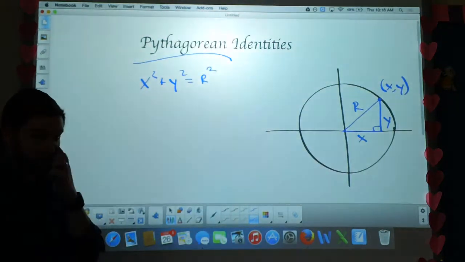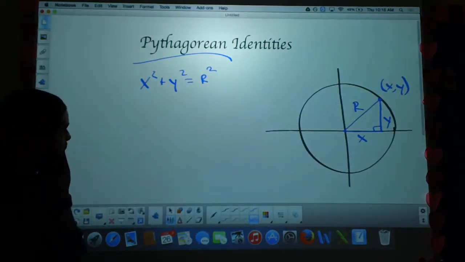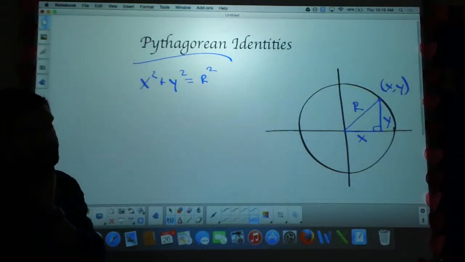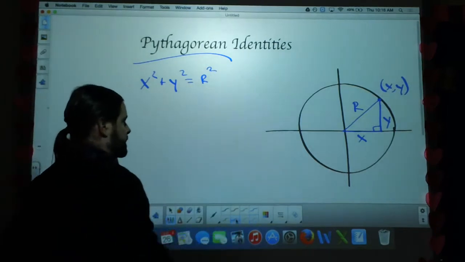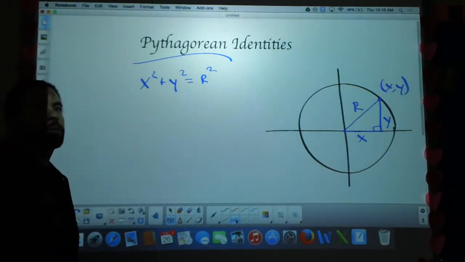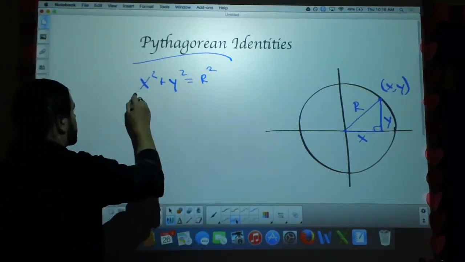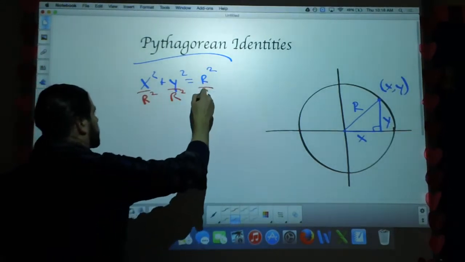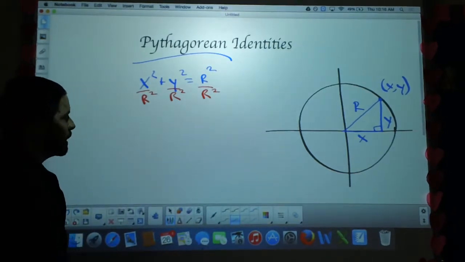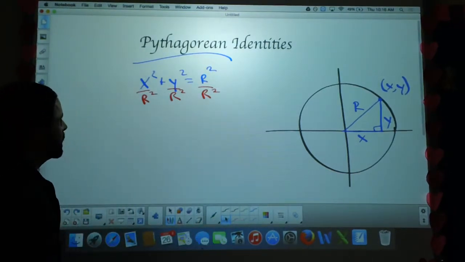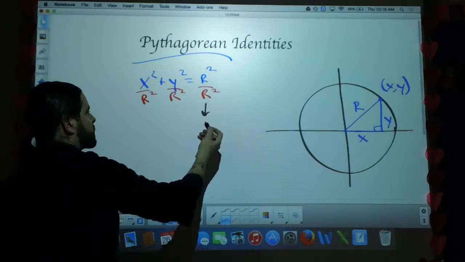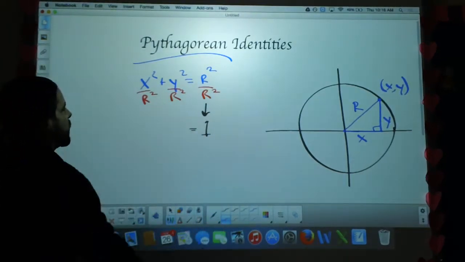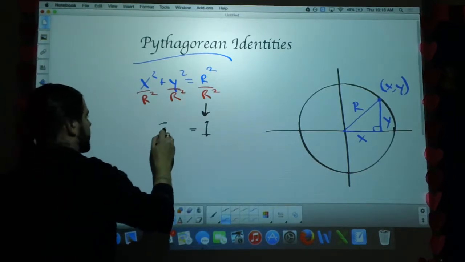And that's an equation. And equations are pretty handy because I can do whatever I want as long as I do it to both sides. So I'm going to start by saying, well, what if I divide both sides by r squared? If I do that, then all of a sudden, you'd be like, hey, look, r squared divided by r squared, that's 1. And y over r, that looks familiar, that's sine.